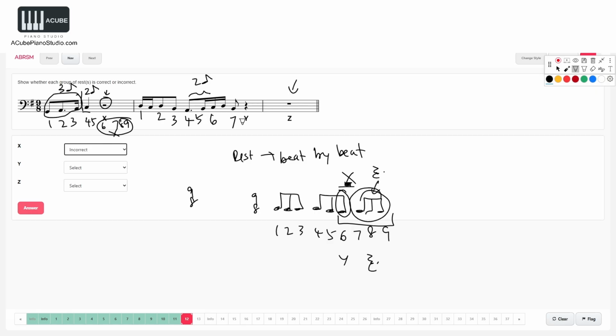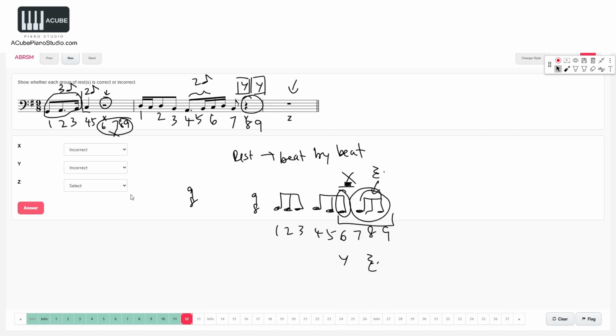Then this is my 7th beat. And then my 8 and 9 beats are rests. Because the 7th beat is not a rest, you cannot group all the 3 together. Or you cannot group the rests in beats 8 and 9 together. Instead, you need to group them beat by beat. So this should be the answer. So this is incorrect.